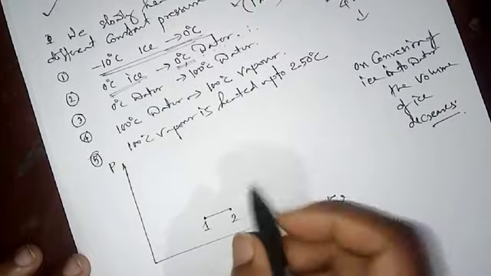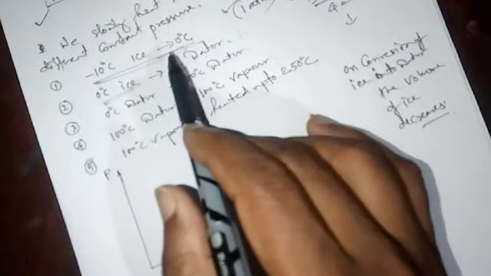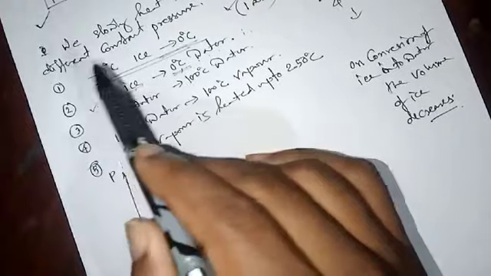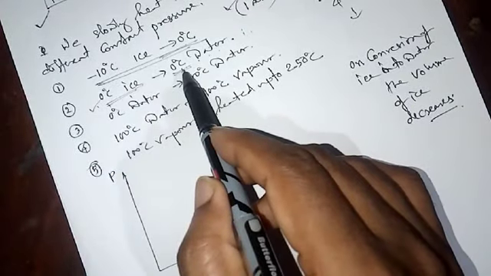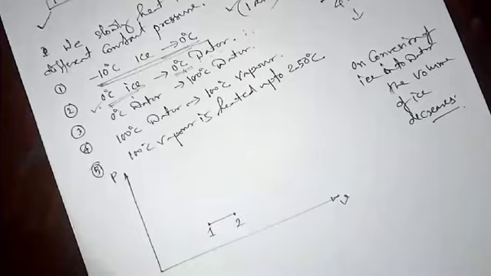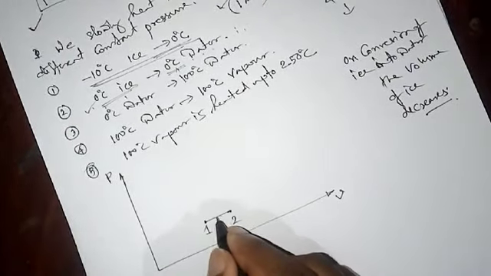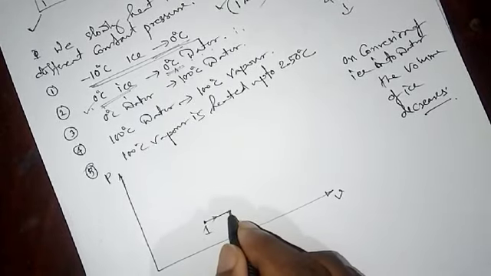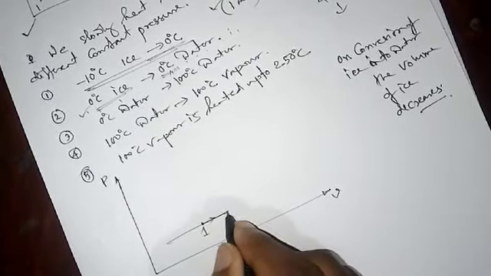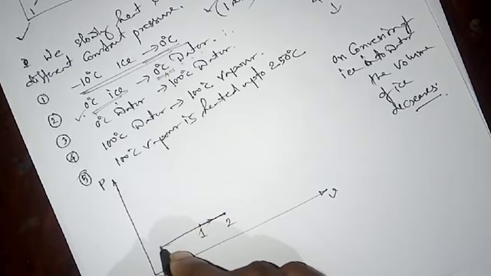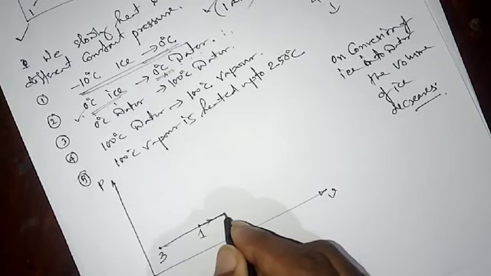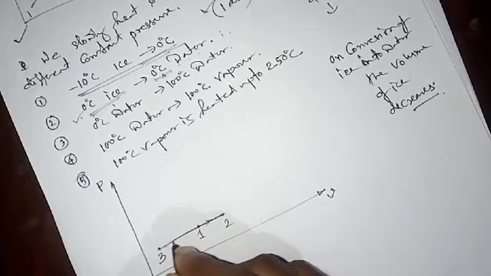So after conversion of 0 degree centigrade ice into 0 degree centigrade water, there will be a drastic decrease in the volume. So we consider the volume decreases from 2 to 3.